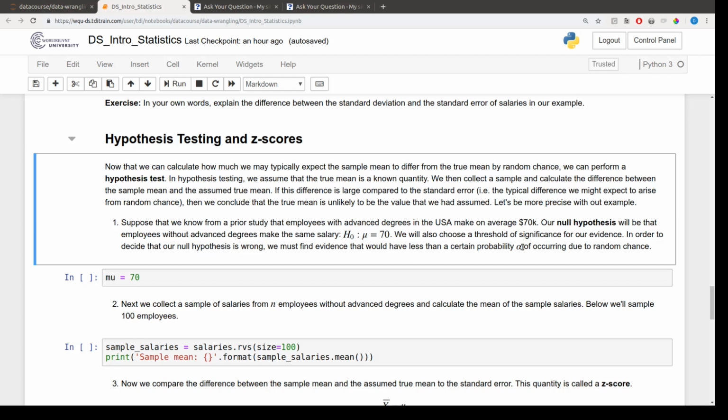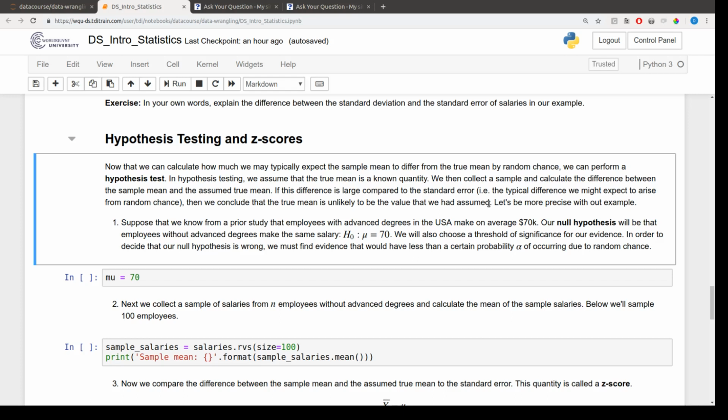So we choose some threshold of evidence called alpha. You'll often see people choose an alpha of 5% or 1%. Those are just conventions. Don't choose alpha based on the fact that people say, oh, you should choose alpha of 5%.